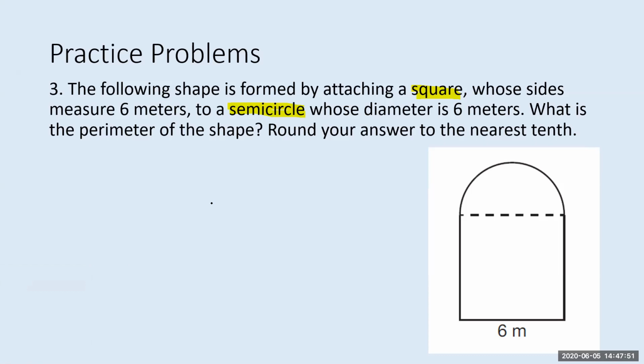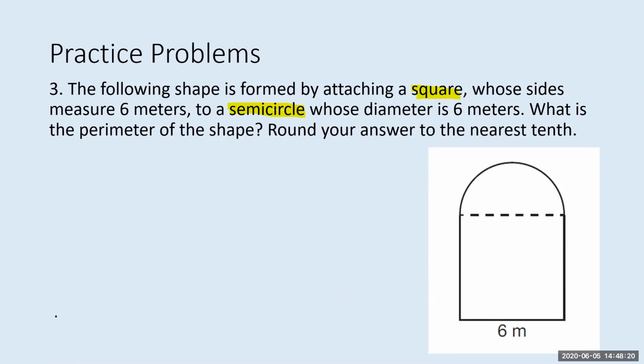We want to know the perimeter of the shape, so the distance all the way around the outside of this shape. Well, with the 3 straight sides here, that's going to be pretty easy. We know that this is a square. Each side is going to be the same, so each side is going to be 6 meters. So it would be 6 meters plus 6 meters plus 6 meters.